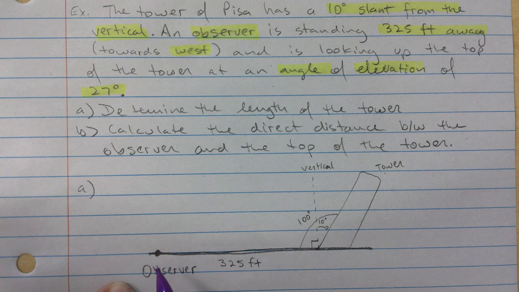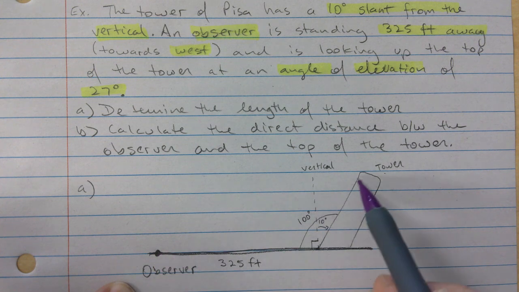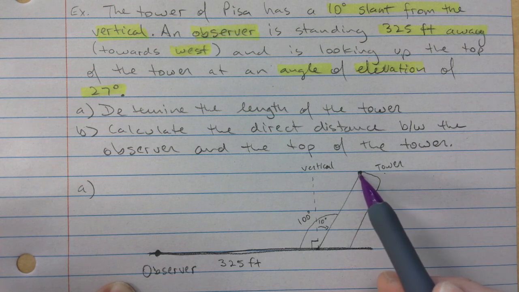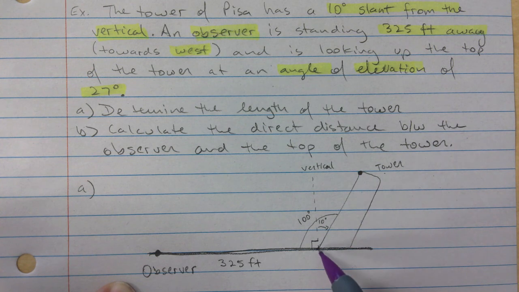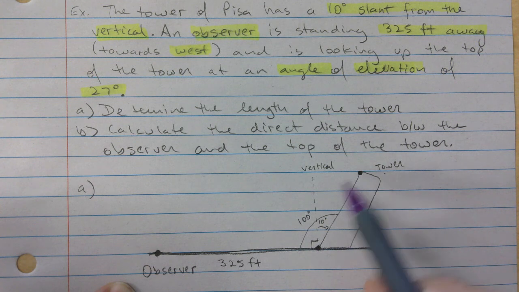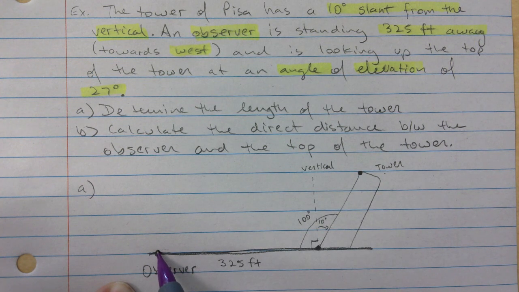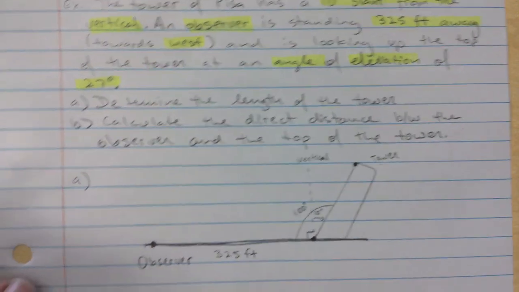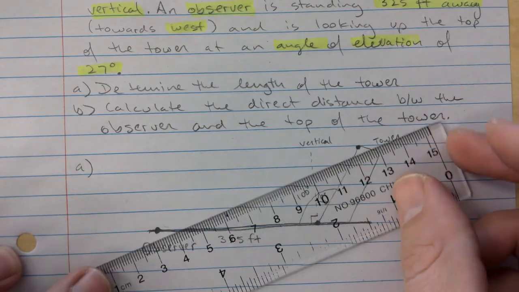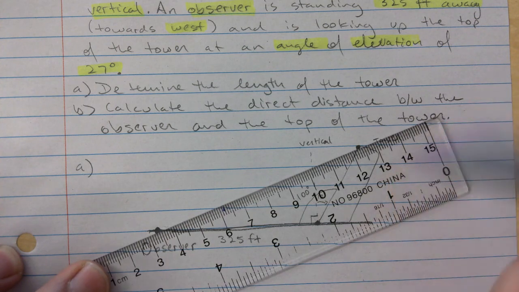And so now we have our triangle formed, because we have the top of the tower, which goes right here, and the point where the tower makes contact with the ground. So I'm going to try my best, probably should be using a ruler, to connect that triangle and close it, right?